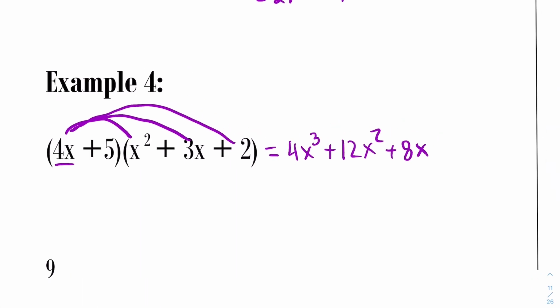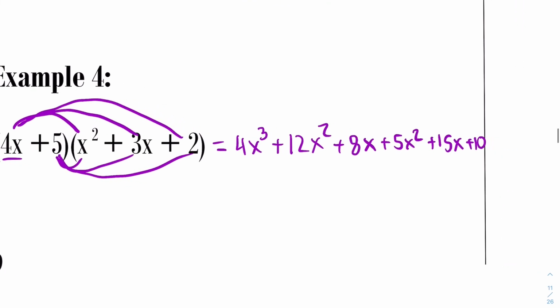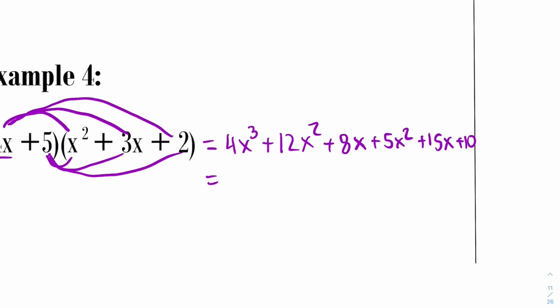So that I have less erasing to do, I'm going to write the other arrows underneath. I'm going to write them on the bottom side. Once everything is multiplied each other, start with the highest power and simplify.